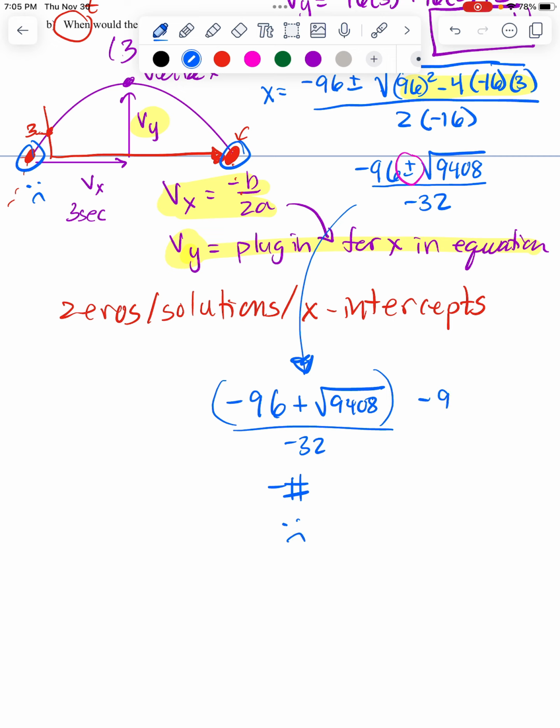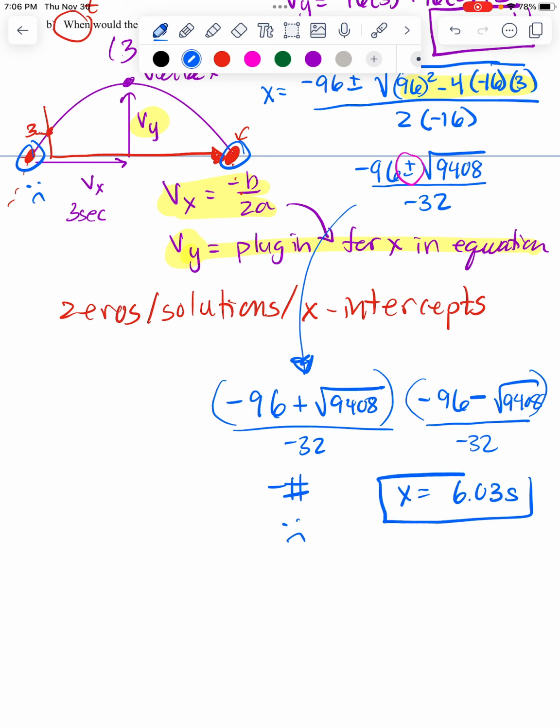But if I do that negative 96 minus, because of the plus minus sign, 9408 square root, and then after I get that whole answer, divide by negative 32, I get 6.03 seconds.